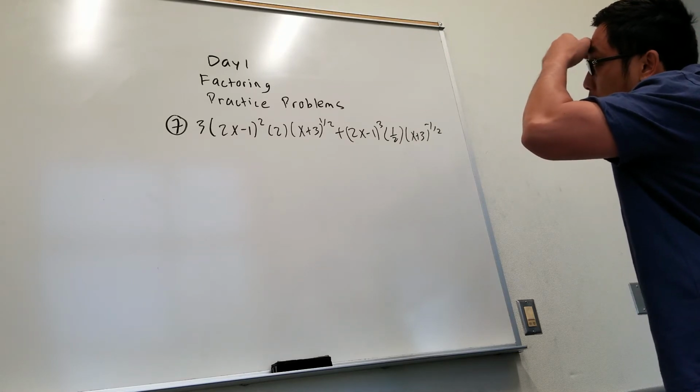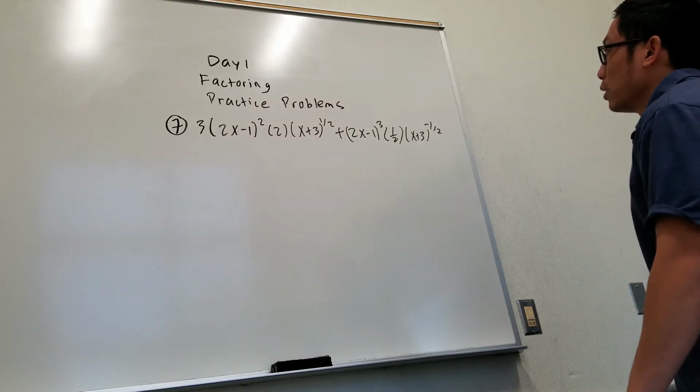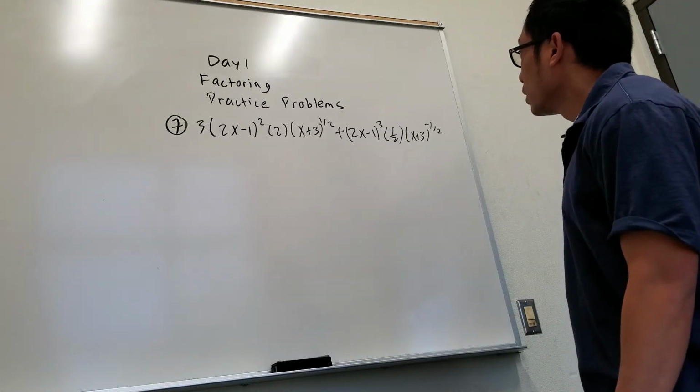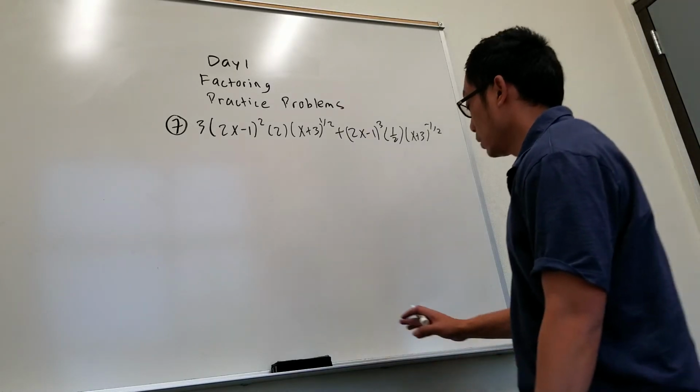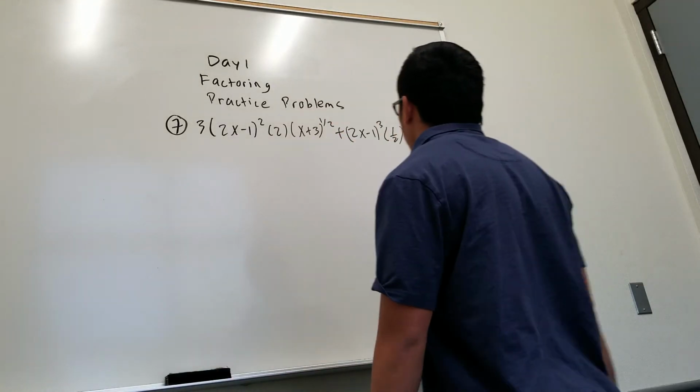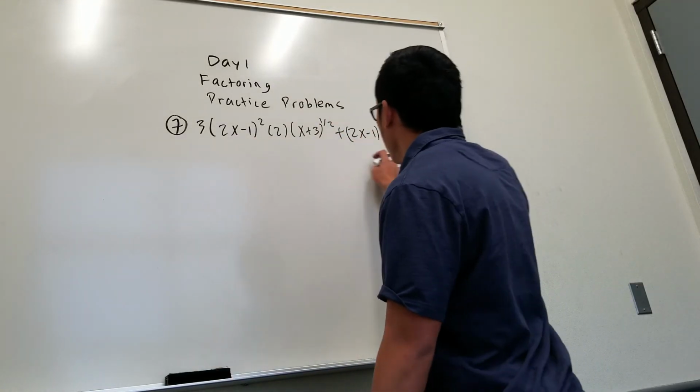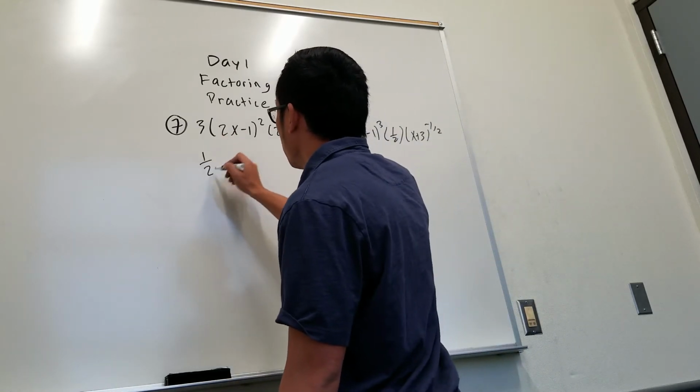Pause the video. When you look at example 7, it's pretty much the same thing as I did. So what do I do? Factor out the GCF of 3, 2, and 1/2. What's the GCF? Just 1/2, right?